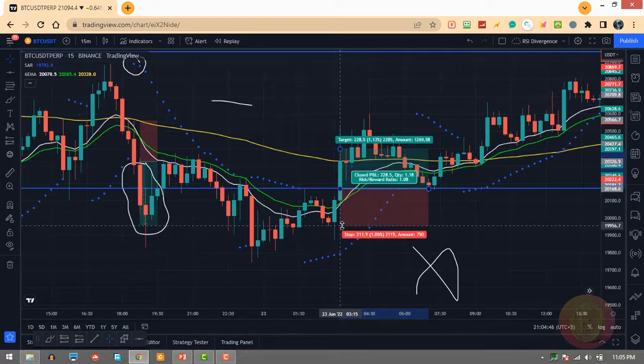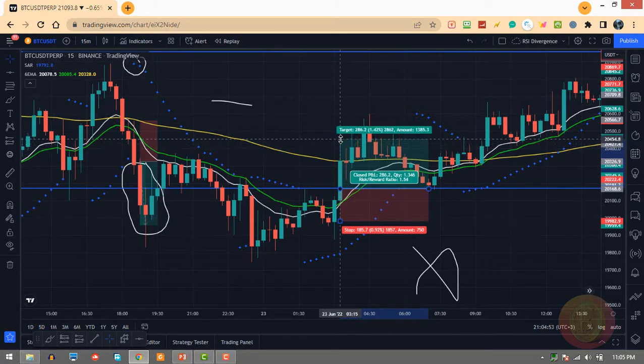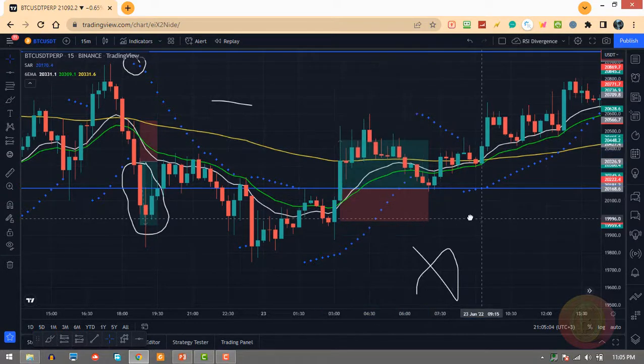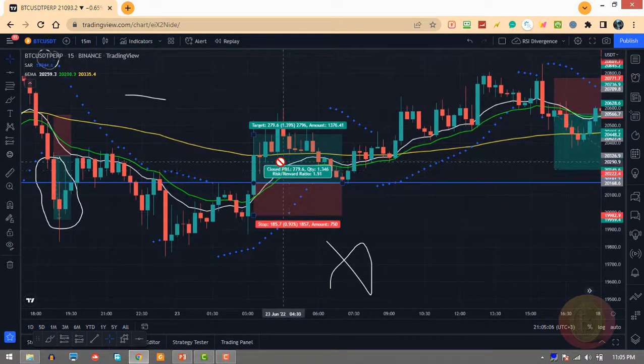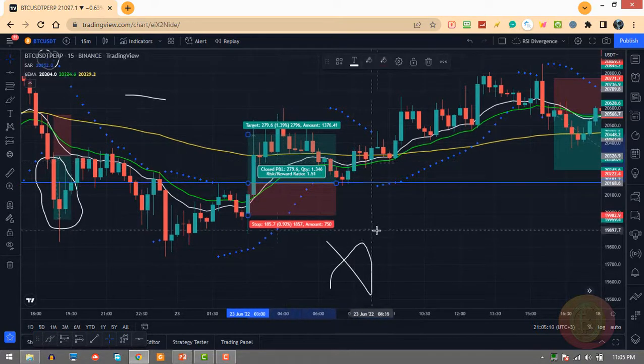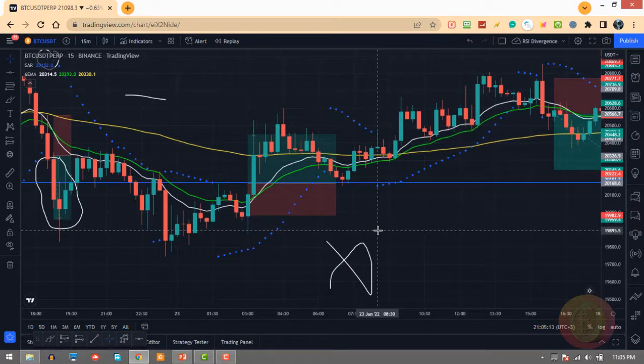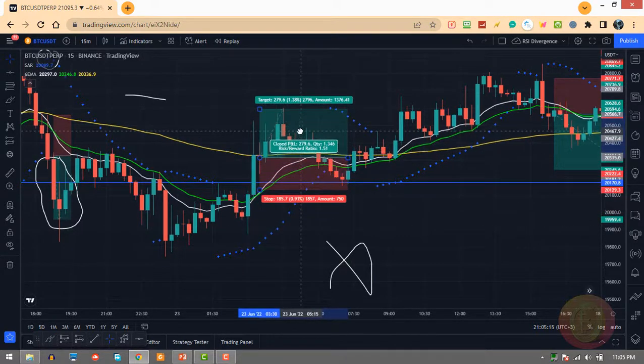Remember this, you can increase it to the previous swing low, but I suggest you stay with a 1% stop loss, and the risk to reward ratio will be 1 to 1.5, or you can also use a 1.5% fixed reward. I have calculated results for both. You will understand which one is better, 1 to 1.5 risk to reward or 1.5% fixed.